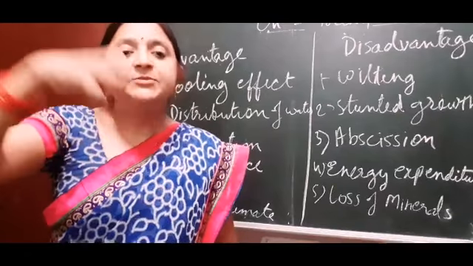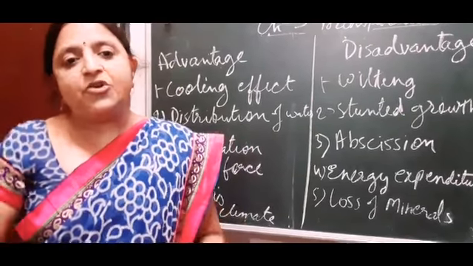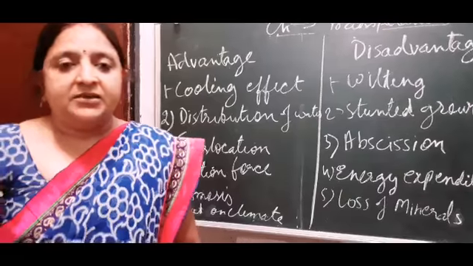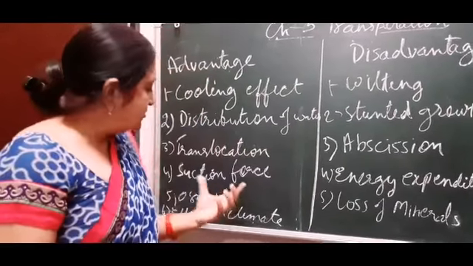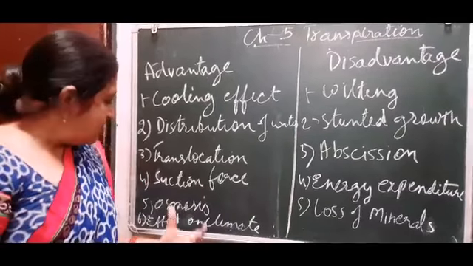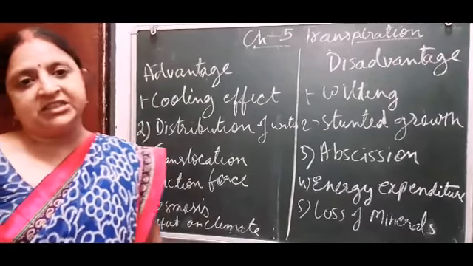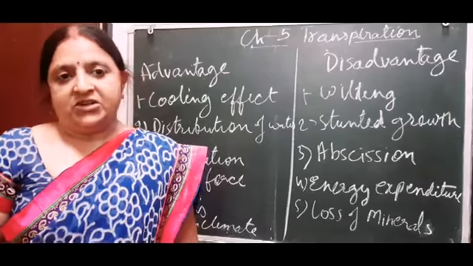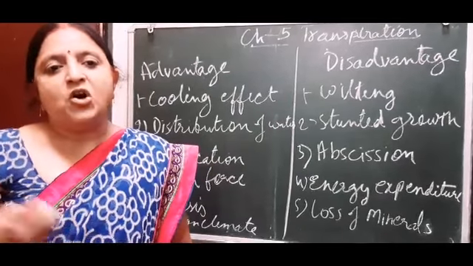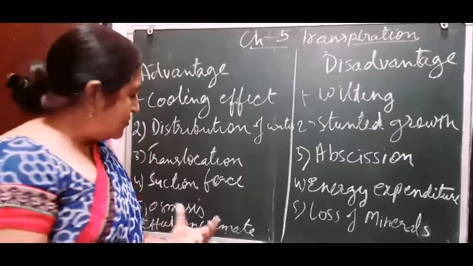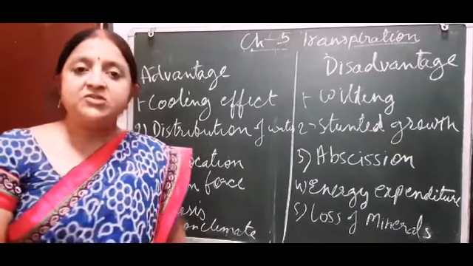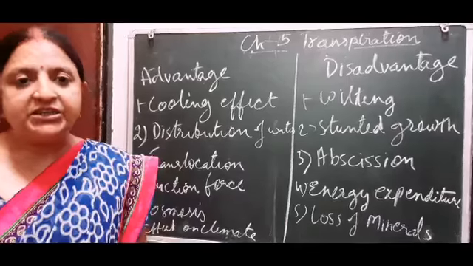It is also called transpiration pull, so that water can easily move upwards against gravity. So it also helps in the suction force. Now next is osmosis. Because of the need of water, the root always absorbs water from the soil. So it also causes osmosis by the root hair cells.